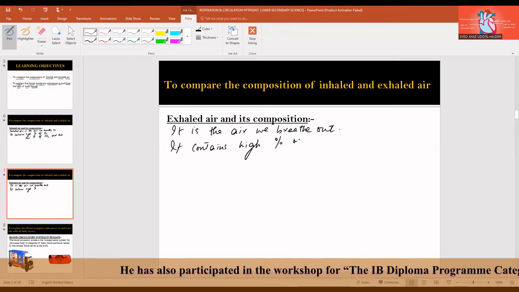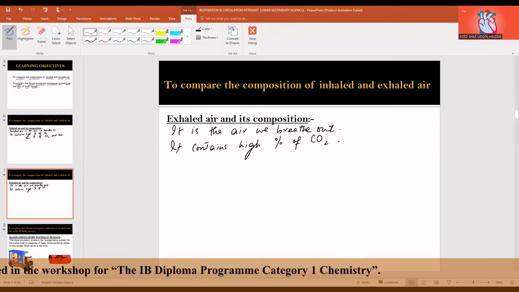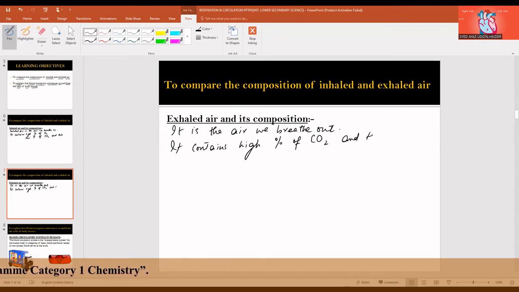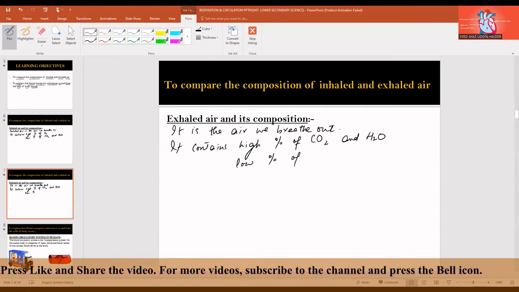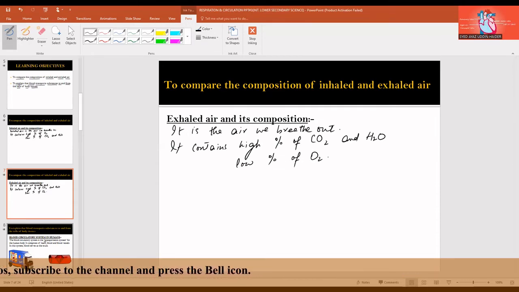High percentage of CO2 and H2O. Low percentage of O2.